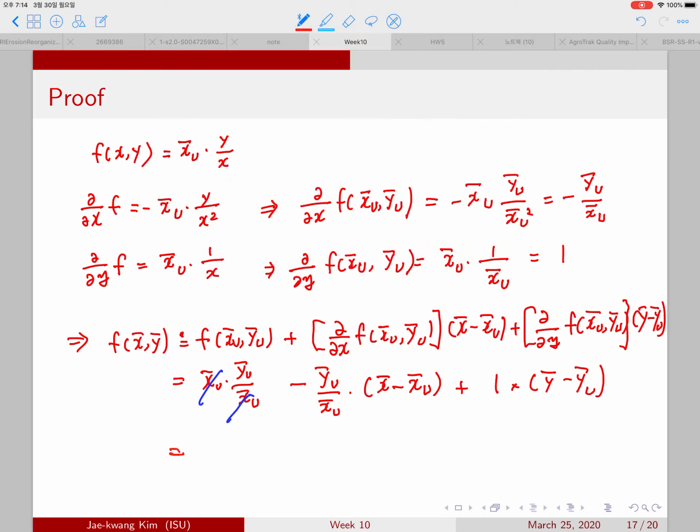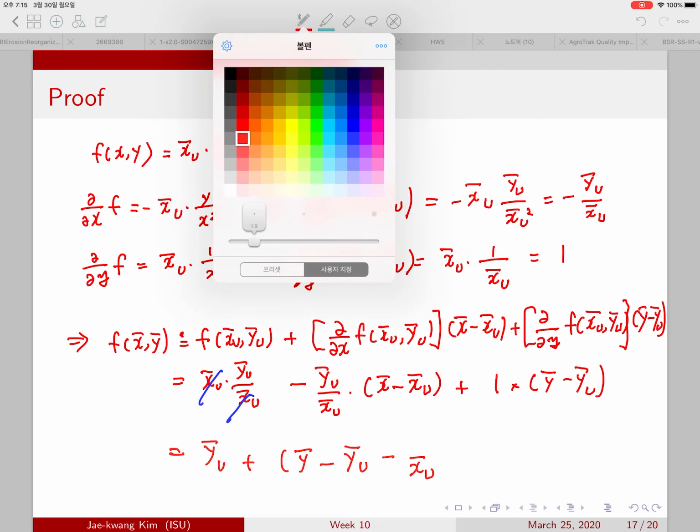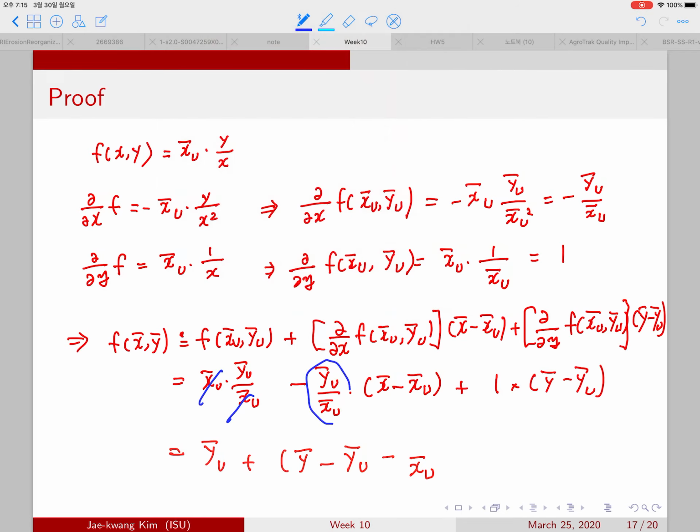y bar u cancels out, so y bar minus r. Oops, sorry, let's write it: y bar u plus y bar minus y bar u minus x bar u. So the point is this one is r.